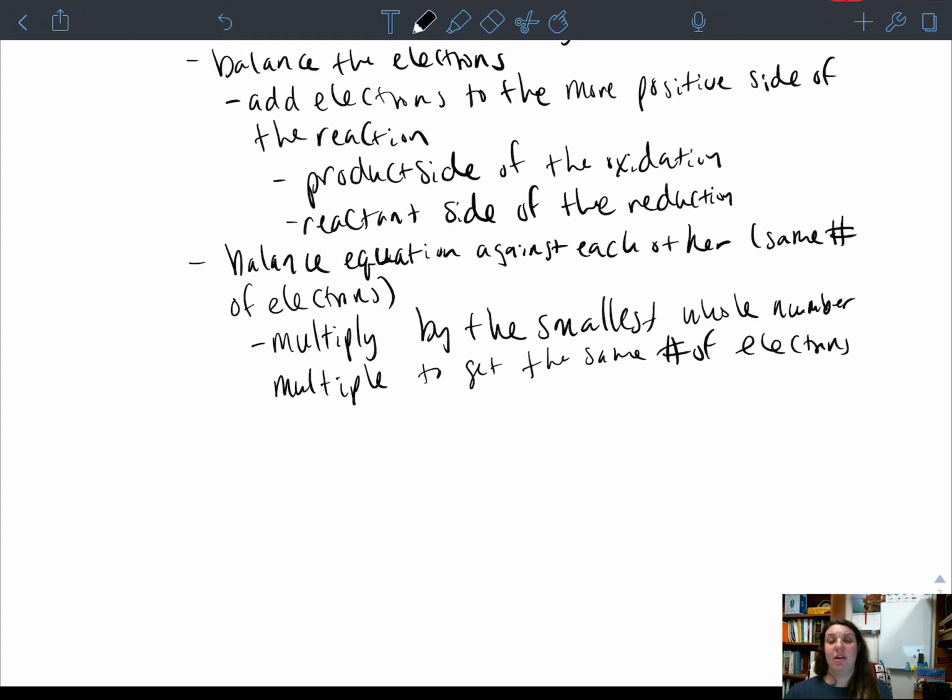For instance, if one produces 2 electrons, one consumes 3 electrons, our closest divisible number would be 6, so we need to multiply by 3 for the 2, 2 for the 3 to get 6 electrons for both.